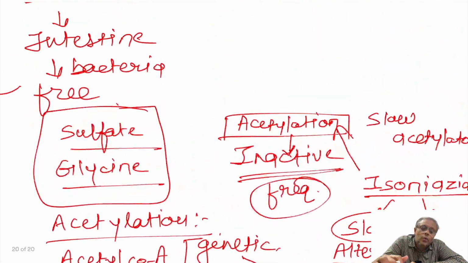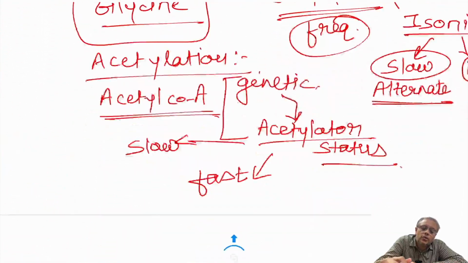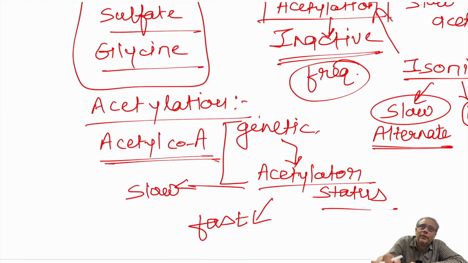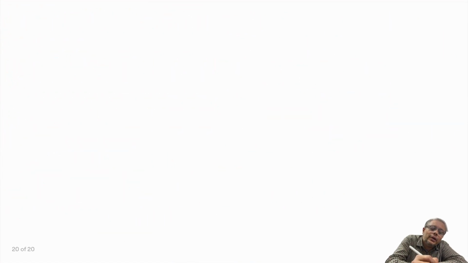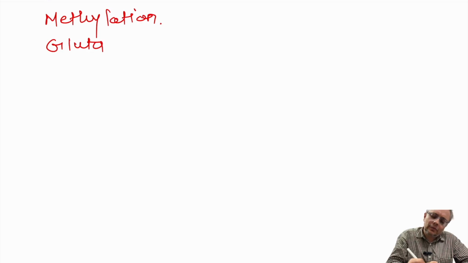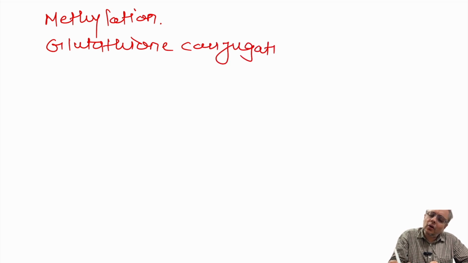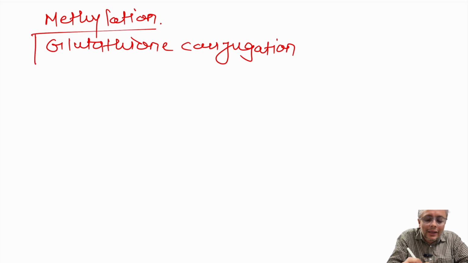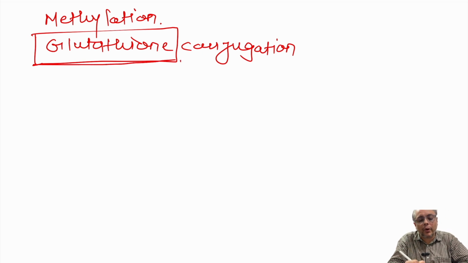Now we have covered conjugation and acetylation, then the next is methylation. As such these reactions are not that important, but in the case of glutathione conjugation you must remember one point.